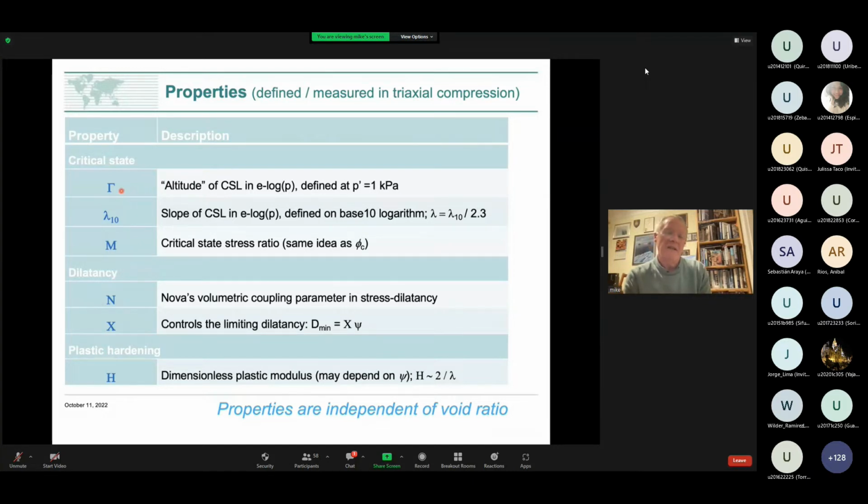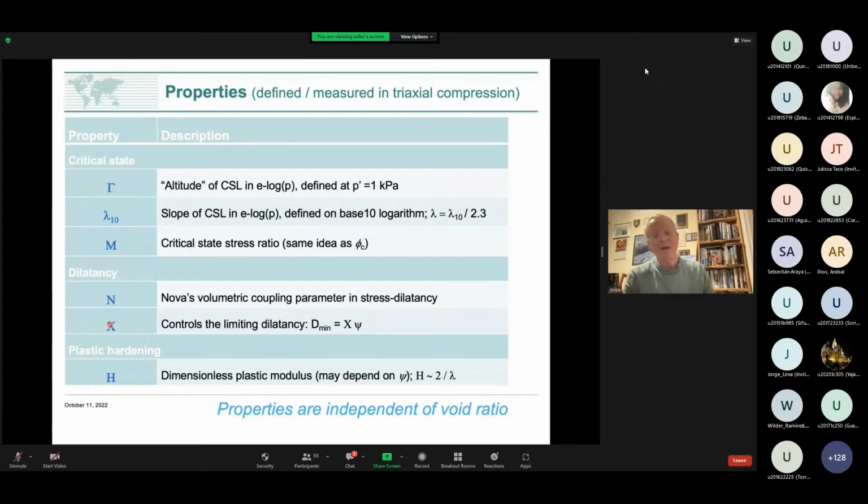And then there's a limiting dilatancy, and that's not X. The convention is properties in critical state theory should be uppercase Greek. For some reason, they violated it, and that one became a lowercase Greek lambda. But all these others are supposed to be Greek. So that one, it looks like an X, but it's actually the Greek letter chi.